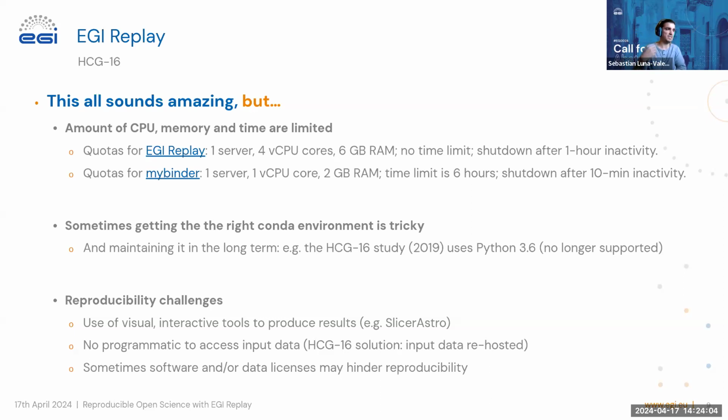So in particular, what we did was to get this copy of the data and rehost it somewhere else where we can download it with a machine. That was suitable for us because the amount of input data was small, in the order of a few gigabytes. But you can easily imagine that the bigger the data, the bigger the problem to move the data around, right? So that's another problem to consider.